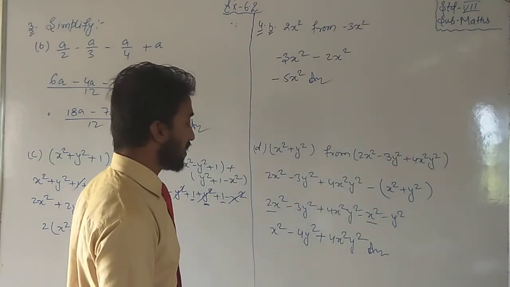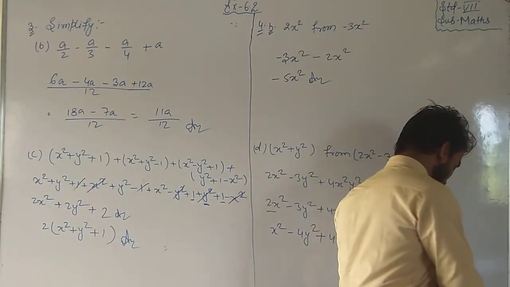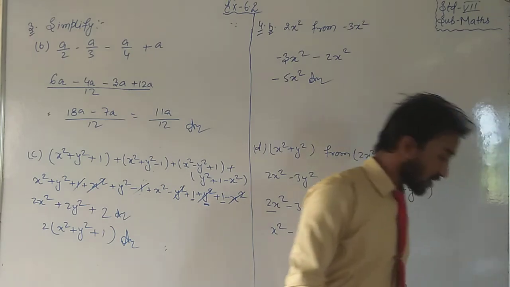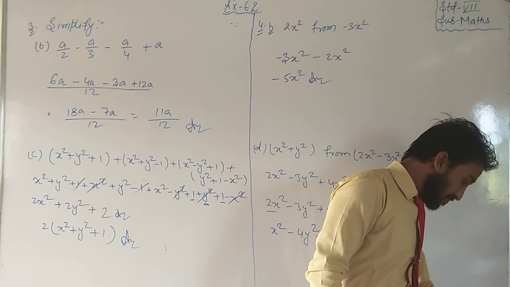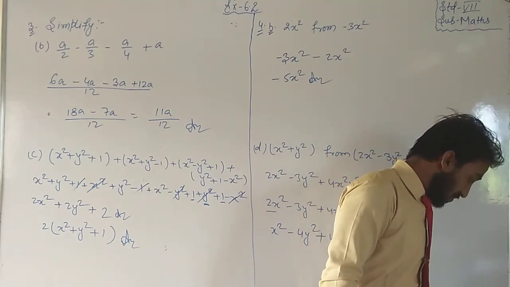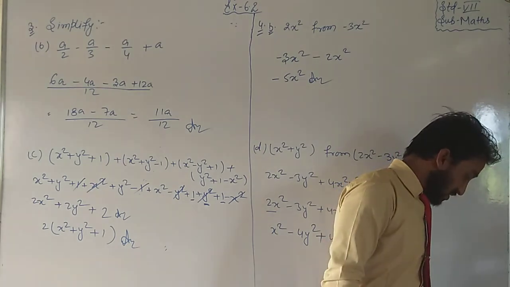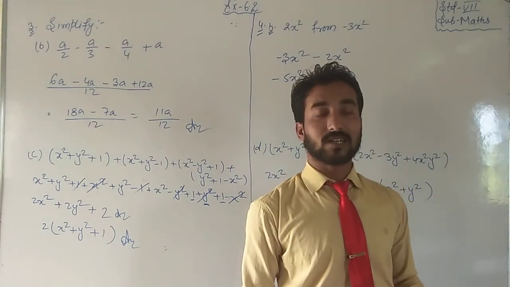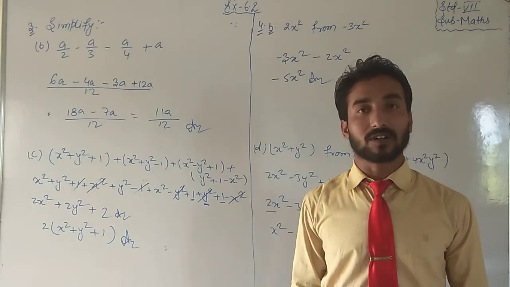Okay, students, I hope that you all have understood very well. The questions left behind, it's your duty to complete. Question number 5 is the same as question number 4. Question number 6, subtract the sum of this and this. Hopefully, students, you will be able to solve all the rest, because all of them are subtraction and addition, on the same basis on which we completed questions 1 to 4.